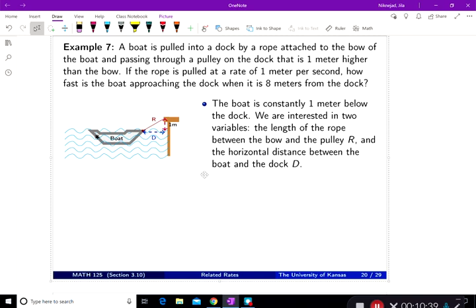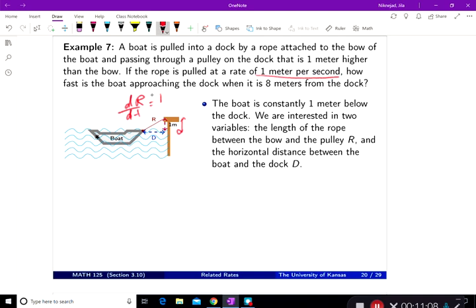Now, what is the knowledge that we have? We know that this is 1 meter. We also know that the rope is being pulled at 1 meter per second. So this is dr/dt at the instant. Is it positive or negative?